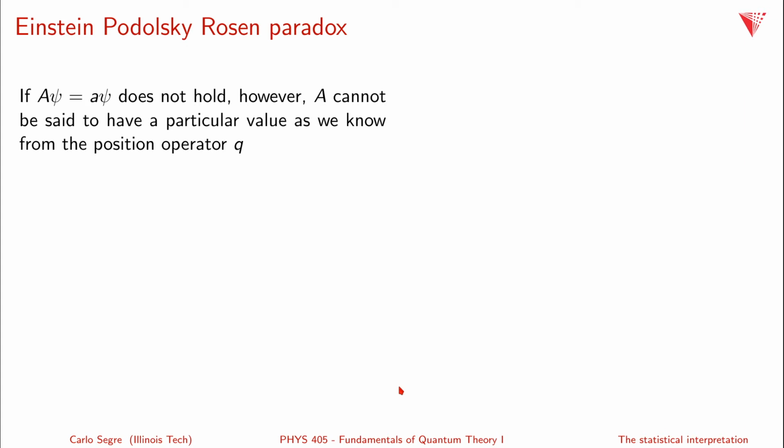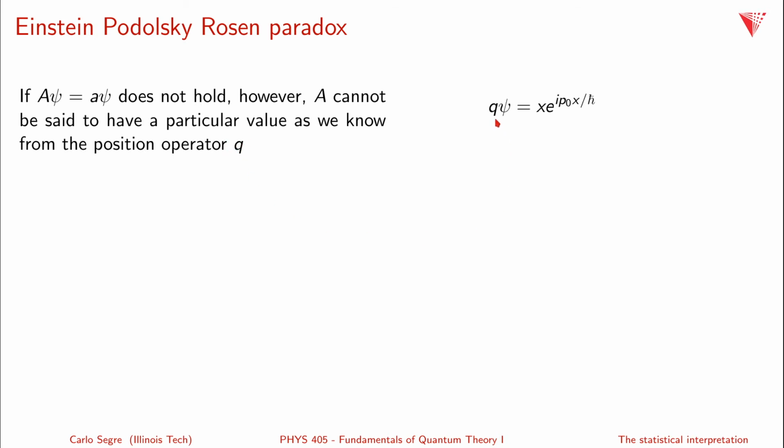However, if the eigenvalue equation does not hold, then A can't be said to have a particular value, because we know from the position operator Q, in the Einstein-Podolsky-Rosen paper, which if you look it up, they use Q and P instead of X and P. So Q is just the position operator.